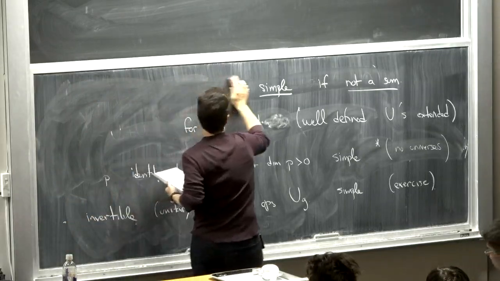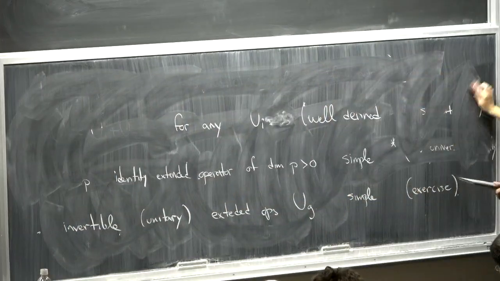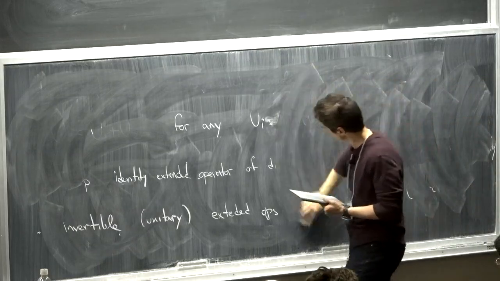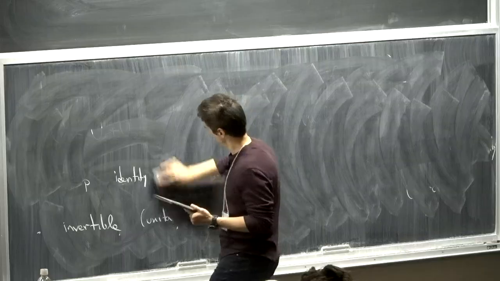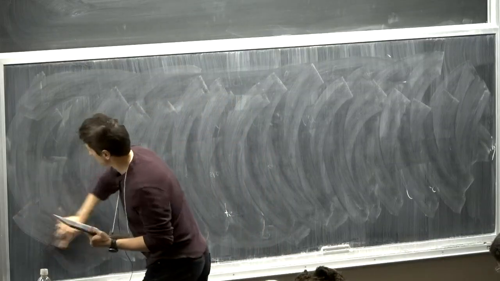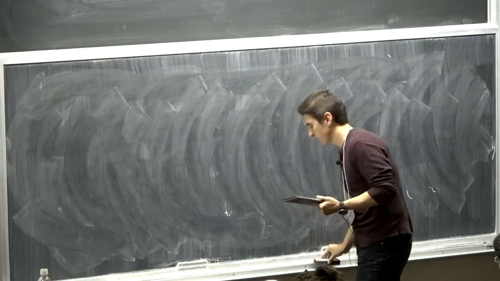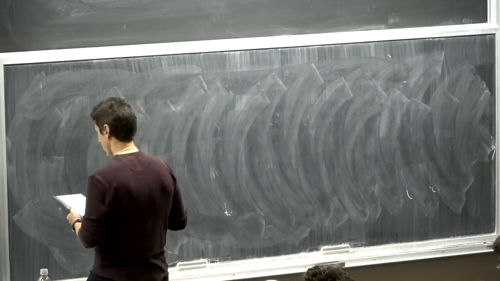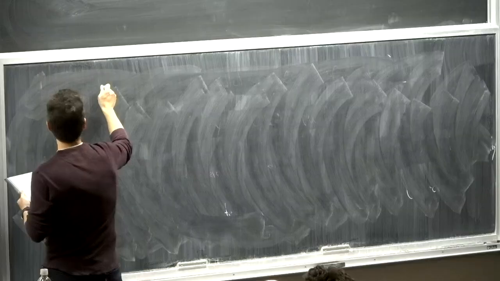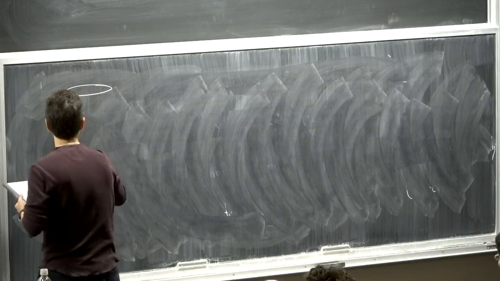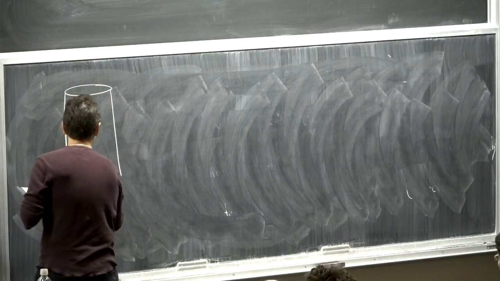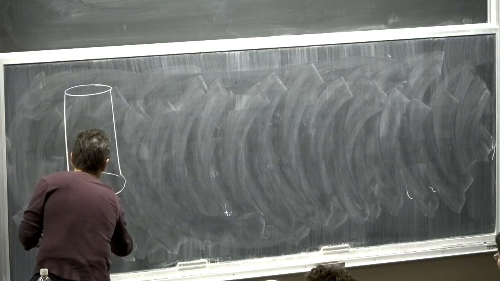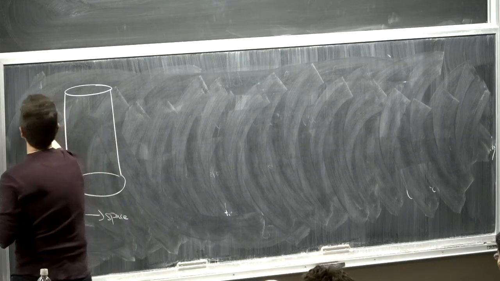Okay, so since we're in such a low dimension, all these Hilbert spaces and everything become very explicit. In particular, you could ask about the state operator map for these interesting defect Hilbert spaces. Okay, so let's do that. So here is my space-time. So this is space. Here is time.